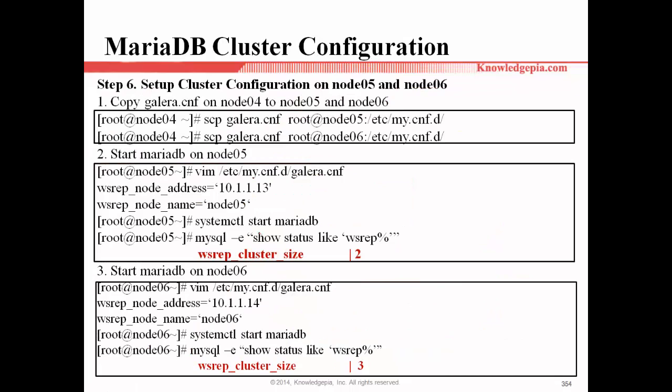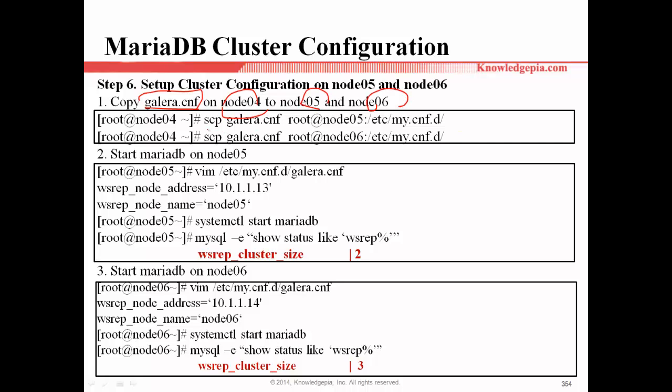Step 6, set up the cluster configuration on node 5 and node 6. Node 5 and node 6 also need to configure this file, galera.cnf. So in this case, we need to copy only this file from node 4 to node 5 and node 6.